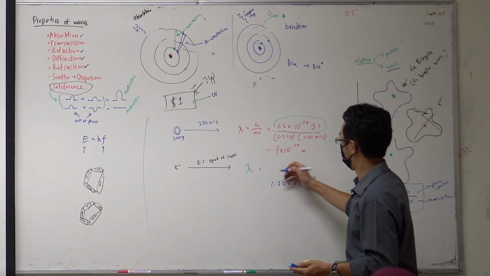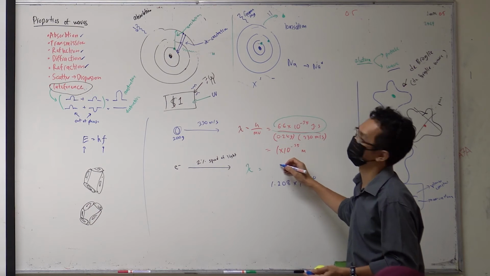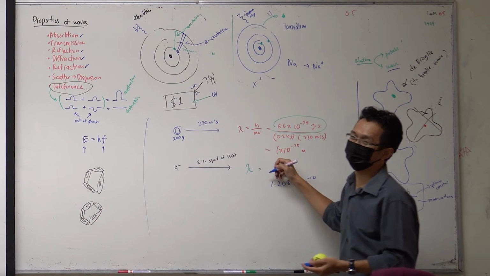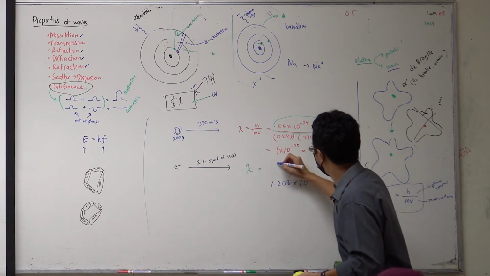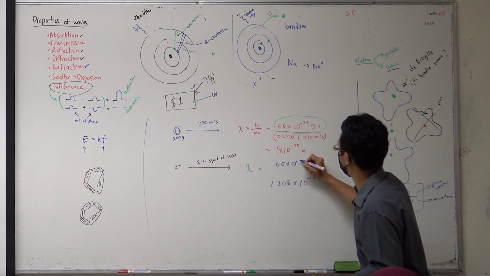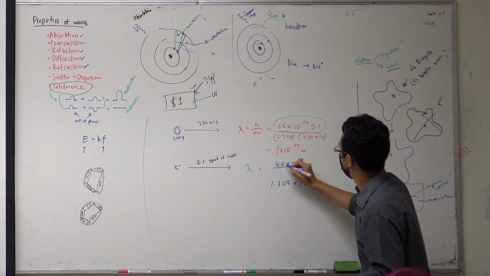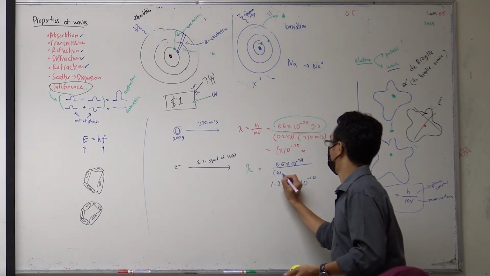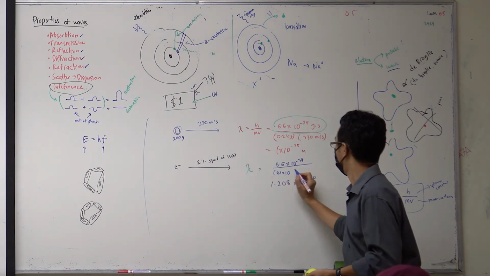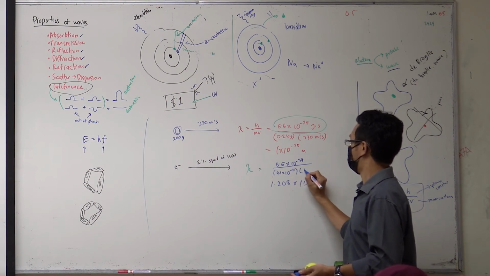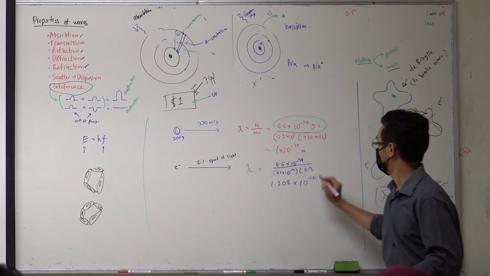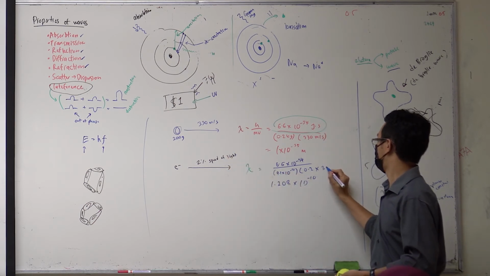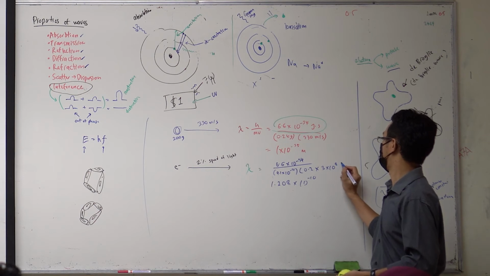Okay, so basically 6.6 times 10 to the power of negative 34 divided by 9.1 times 10 to the power of negative 31, and then times 0.2 because it is 0.2 of the speed of light, times the speed of light, which you need to know, 3 times 10 to the power of 8 meters per second.